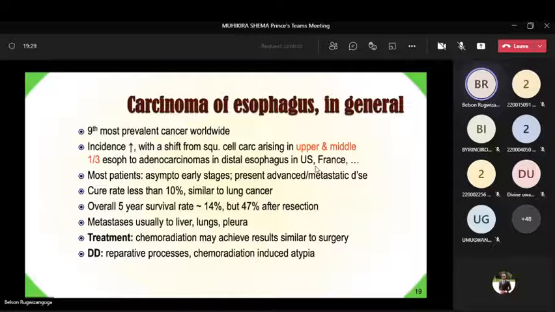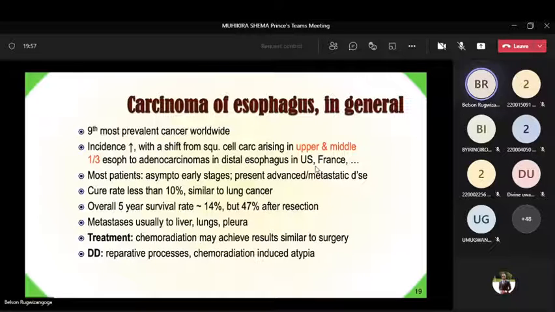So esophagus as an internal organ that nobody sees, they wait to have signs and symptoms in order to come to hospital. And usually they present at the hospital at advanced or metastatic disease whereby they cannot be treated with curative intent. They will just receive palliative care.